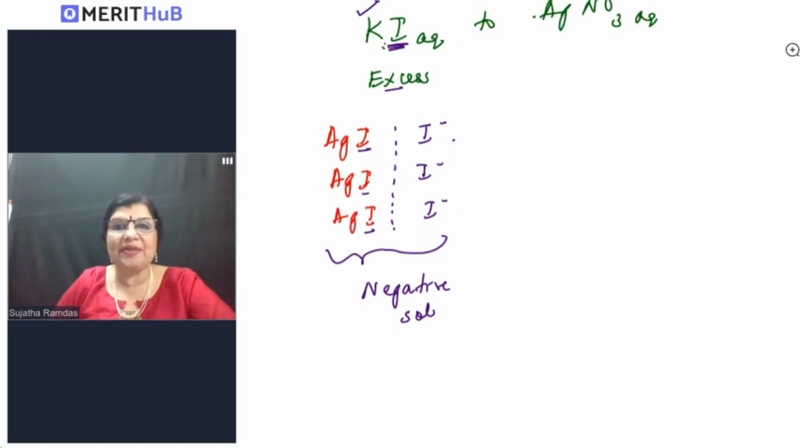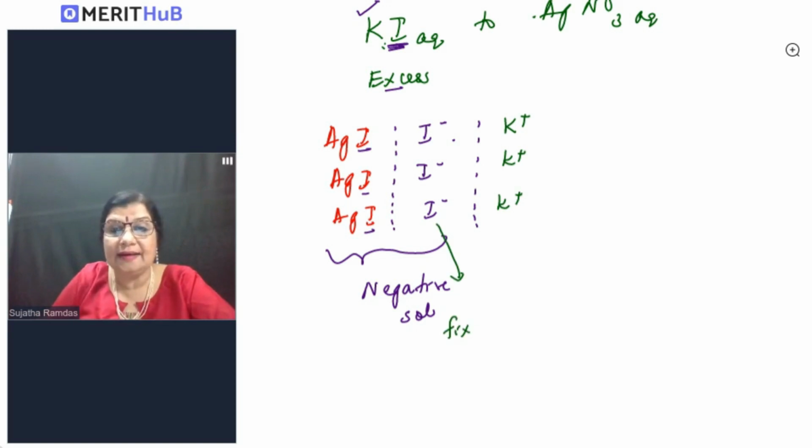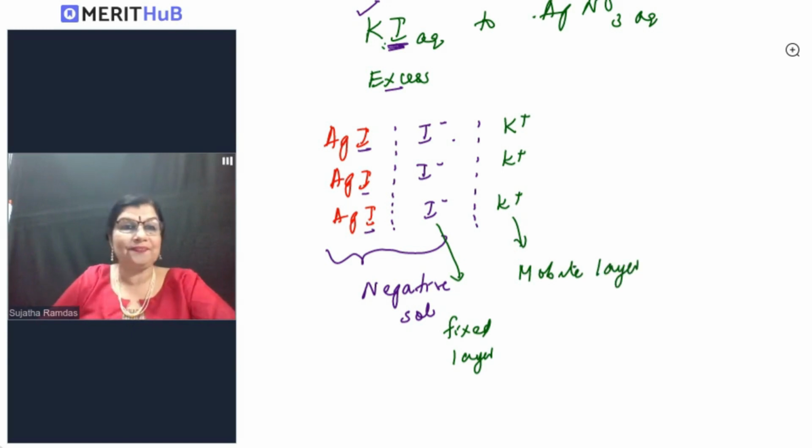So the iodide ions will now attract the oppositely charged ions, the counter ions, namely the potassium ions. Now the iodide ions form the fixed layer, and the potassium ions form the mobile layer or the diffused layer. In this manner, a double layer is formed with opposite charges.